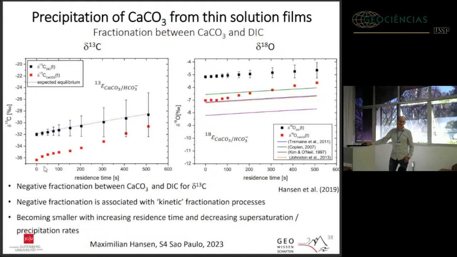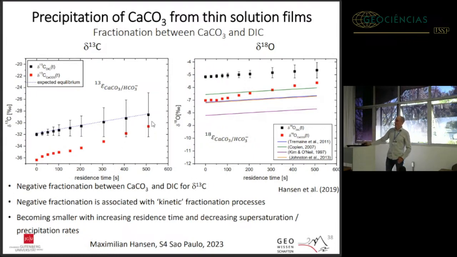But with decreasing supersaturation and increasing residence time, the fractionation becomes smaller, approaching the expected equilibrium values. So even if you take into account the large error bars over here, the only value which is really trustworthy is the first one, and the other ones are calculated, and we did an error propagation in the most conservative way you could do it.